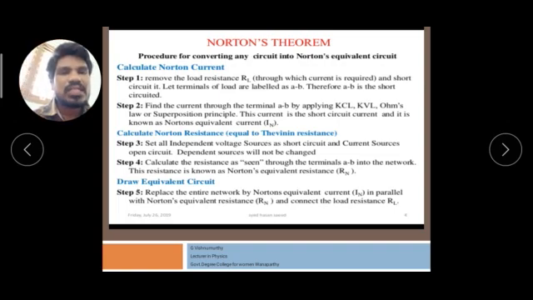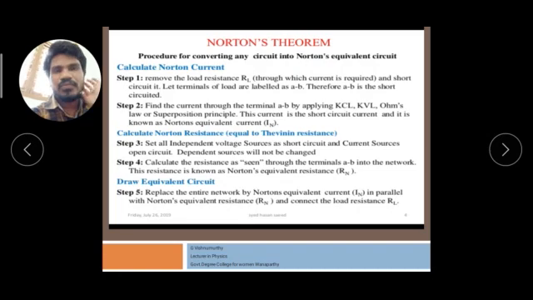Now draw the equivalent circuit. Replace the entire network by the Norton equivalent current IN in parallel with the Norton's equivalent resistance RN, and connect the load resistance RL across the terminal. These are the important steps of Norton's theorem.